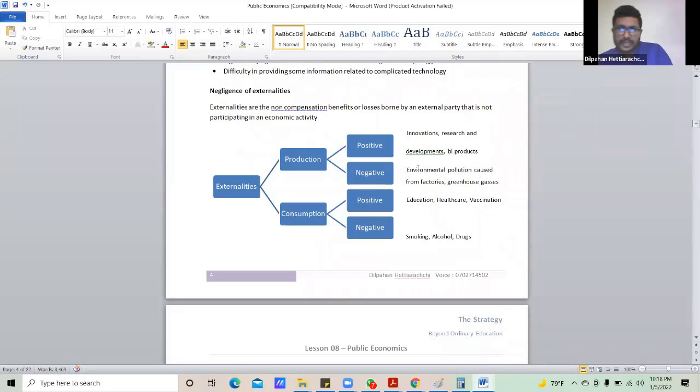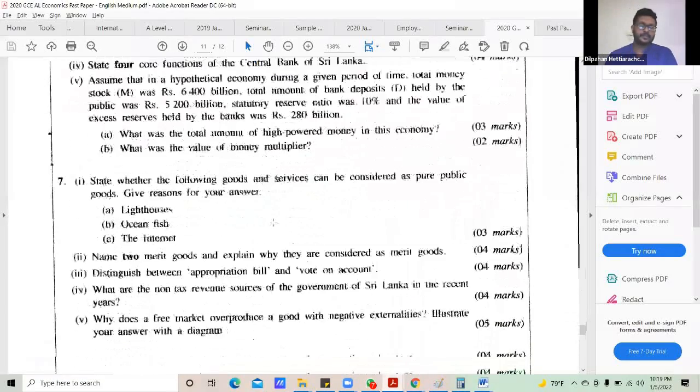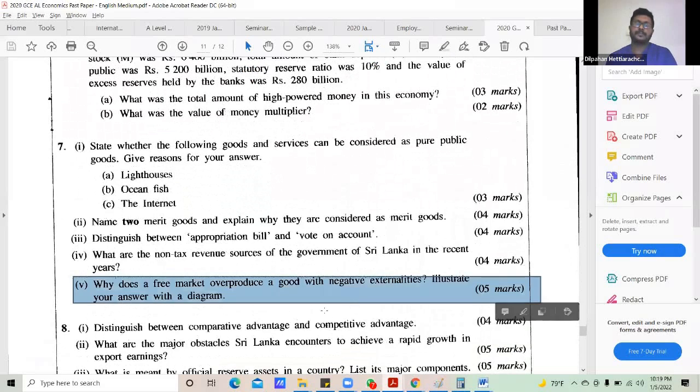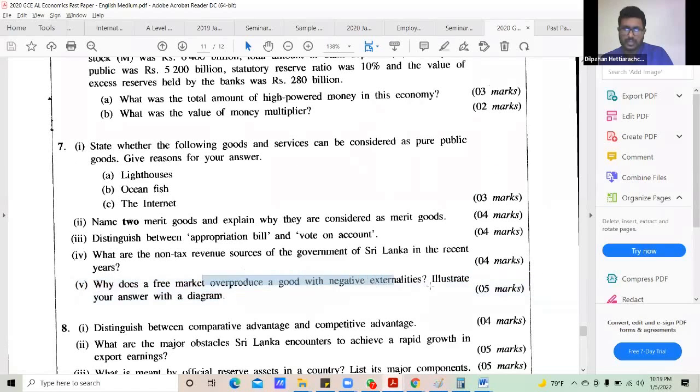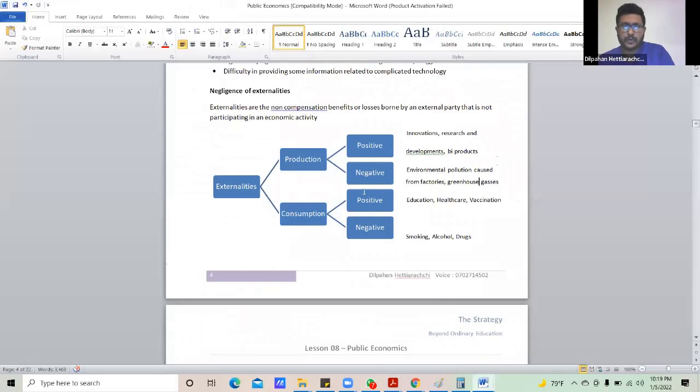Right. So we'll link this theory with our A-level past paper questions. Look at this 2020 paper. Look at this question, a 5 marks question. This question covers negative externalities. Why does the free market overproduce a good with negative externality? So basically this question talks about one externality out of these 4.